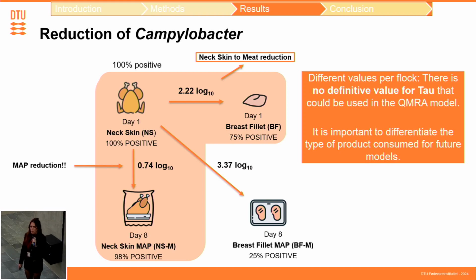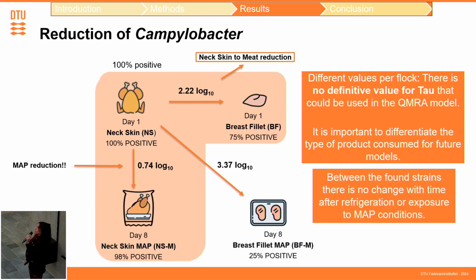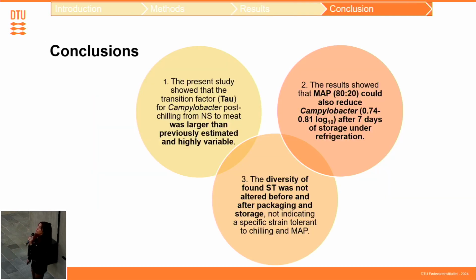The values were highly variable, which means that the tau value we were looking for is highly variable and also depends on the products we are consuming. Regarding the strains, we didn't find any difference, but this is because there was a wide diversity in the sequence types.